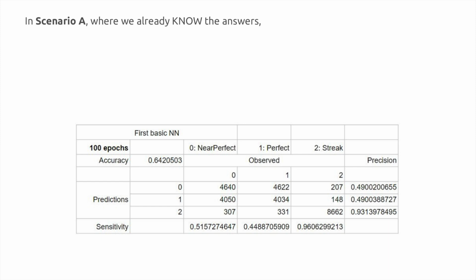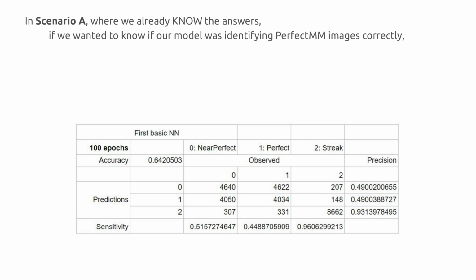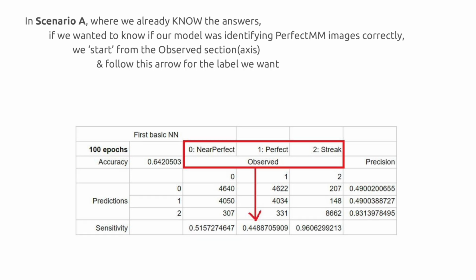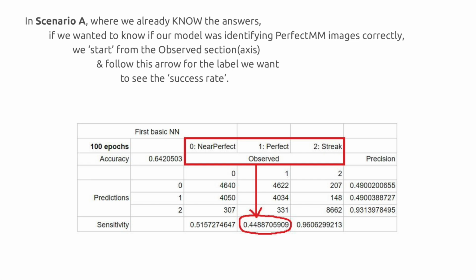In scenario A, where we already know the answers, if we wanted to know if our model was identifying perfect MM images correctly, we start from the observe section and follow this arrow for the label we want to see the success rate.